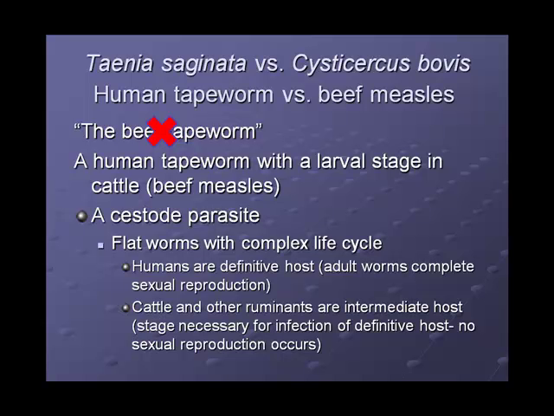But the reality is it's not a beef tapeworm, it's not a tapeworm of cattle, it's a human tapeworm that just happens to have a larval stage in cattle. And if you have a manifestation in cattle, we're going to call it beef measles. So from a veterinarian standpoint, we're going to be talking about the disease, beef measles.